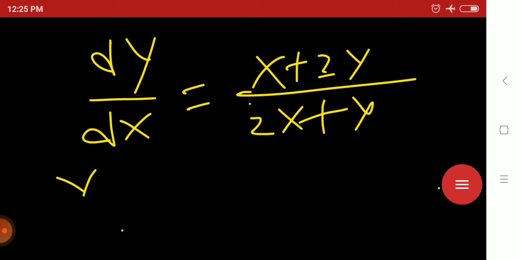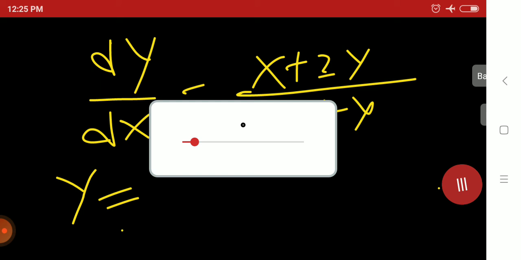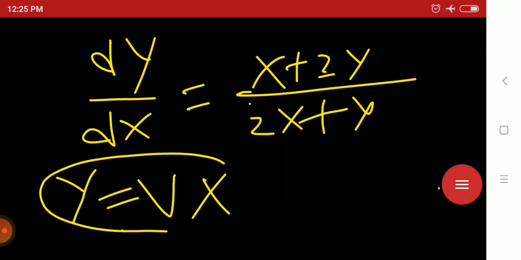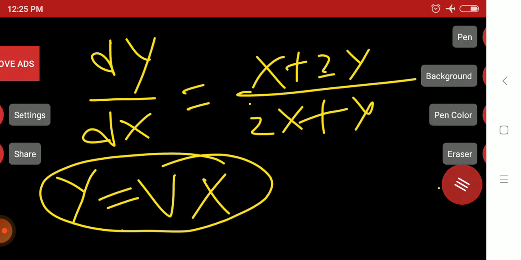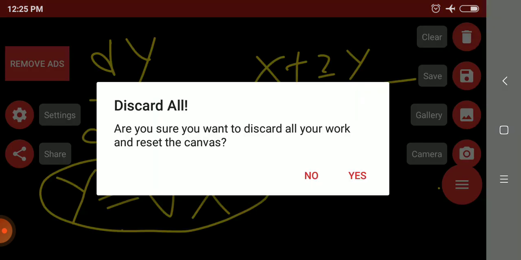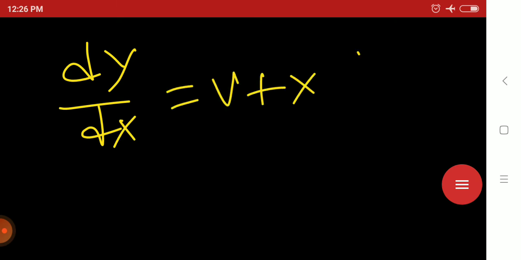Now to solve this, put capital Y equals v into x. Now putting capital Y equals v into x, what you will get? dy by dx equals v plus x dv by dx.